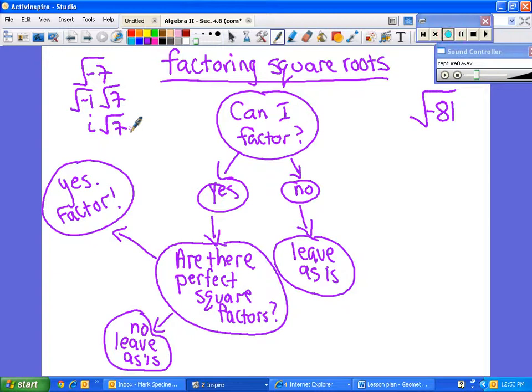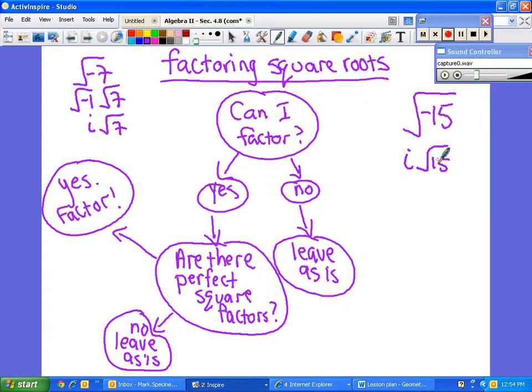If you can factor it, if it's not a prime number, then you ask yourself, are there perfect square factors? For example, we did a question with the square root of negative 15. I can turn the square root of negative 15 into i radical 15.